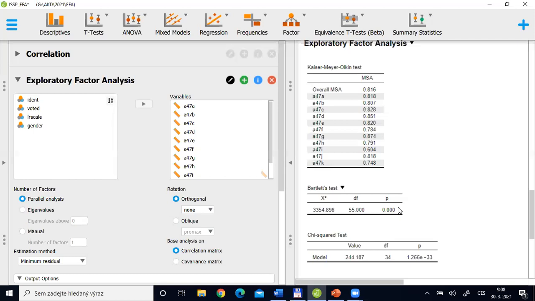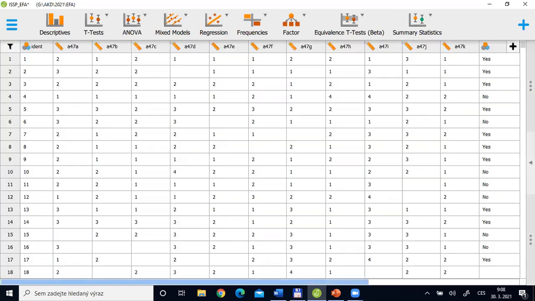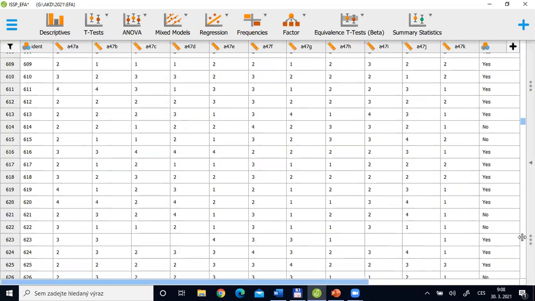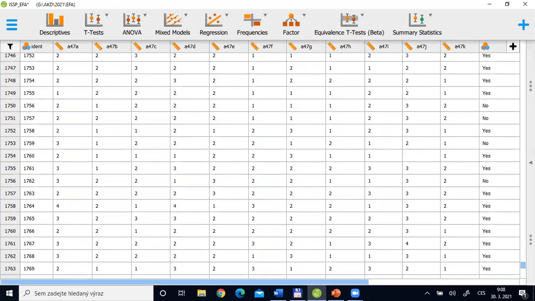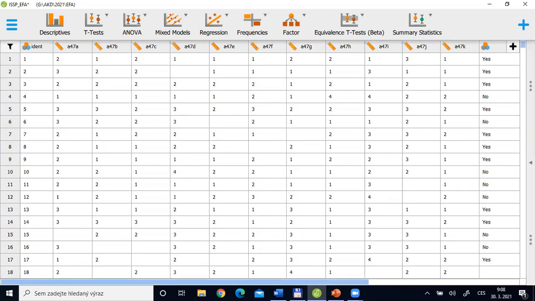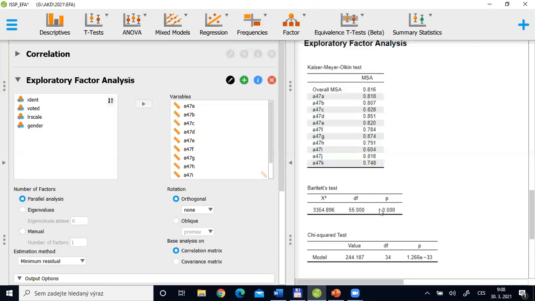My recommendation is don't believe this Bartlett test if your sample size is at least in the thousands. And if you go back into my data matrix, I guess that it includes nearly 2,000 cases. So I would be very, very careful about the interpretation of this result.